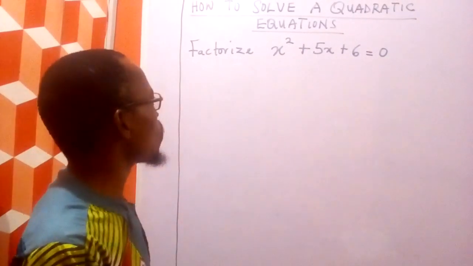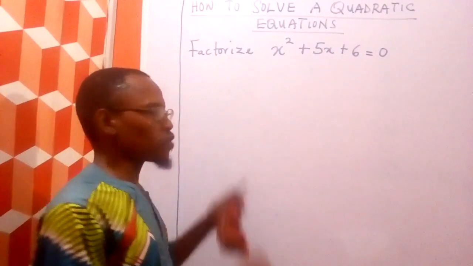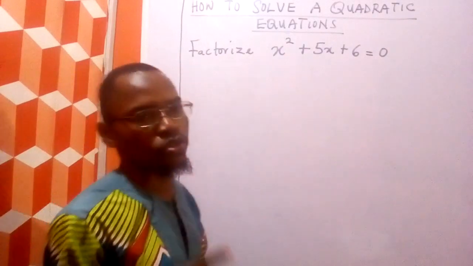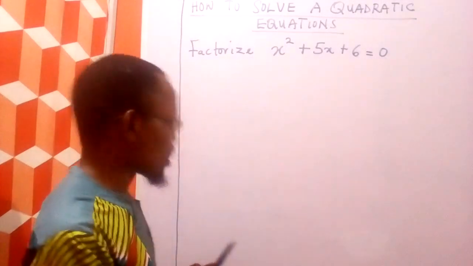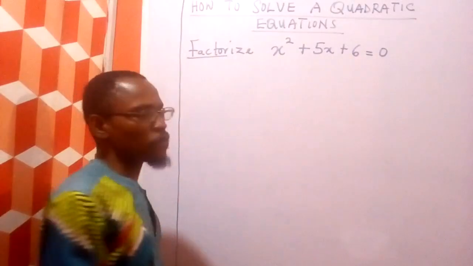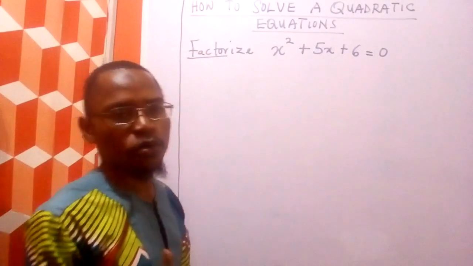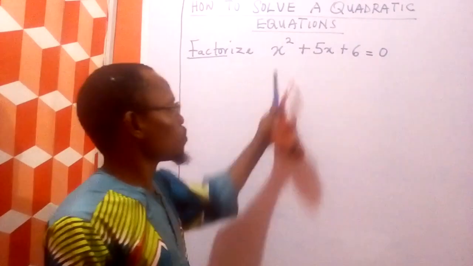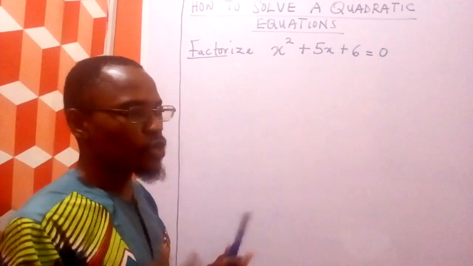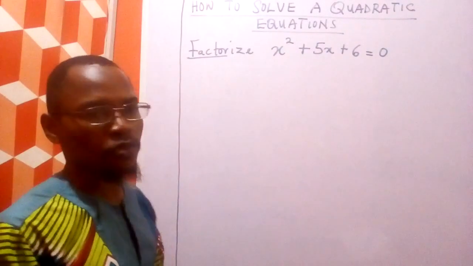So the first thing you have to do if you want to factorize such an equation is deal with factors, just as the name suggests. Factorize, so from factors. We'll be getting our factors from there and using them to solve this equation. You know what factors are.